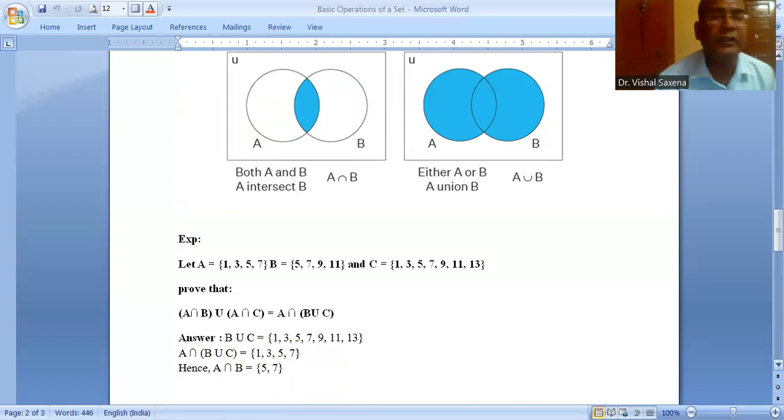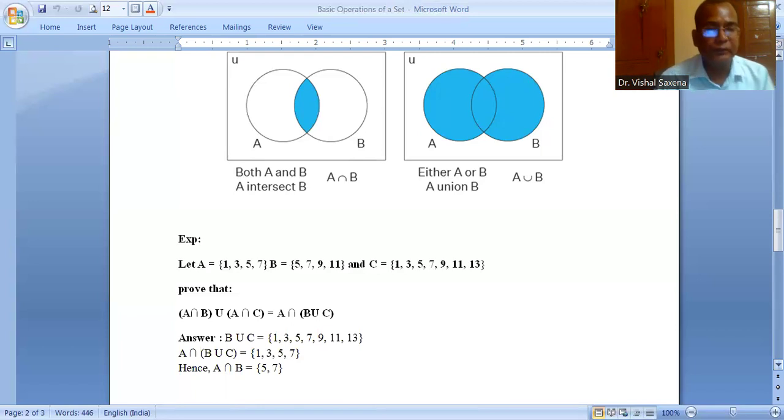So in this way, the three sets are given, and we have to prove one identity, one result there. That one is A intersection B, union of A intersection C, and this is equal to A intersection B union C.